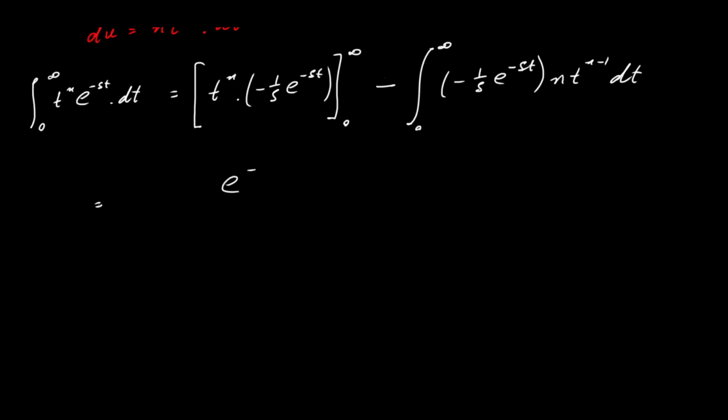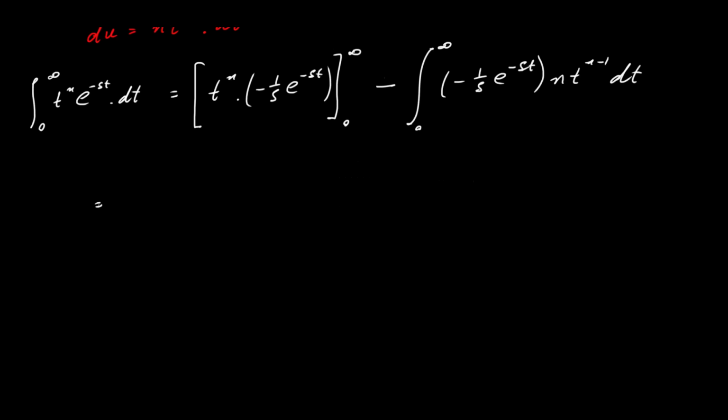So e to the power of minus st is just equal to 1 over e to the power of st. Now if we find the limit of this fraction as t goes to infinity, it will tend towards 0. So this entire thing just becomes 0 when we find the limit as t tends towards infinity.